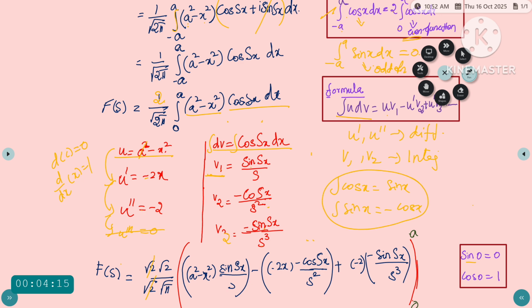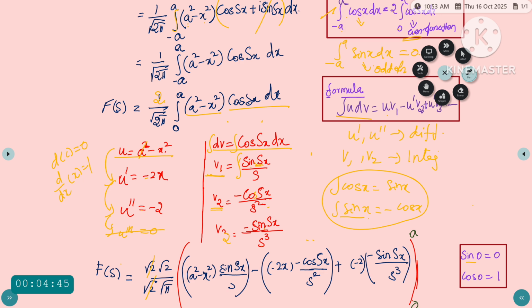So the answer for integral cos sx is sin sx divided by the coefficient of x, that is s. Second integration is denoted by v2. Now integrate sin sx. What is the answer for the integral of sin? Integral of sin is minus cos. So minus cos sx divided by s square. And the third integration v3 equal to minus sin sx by s cube.